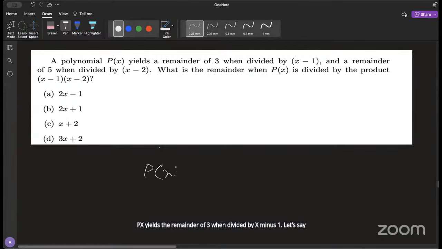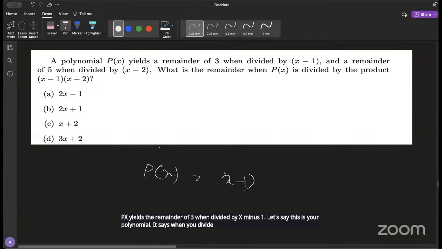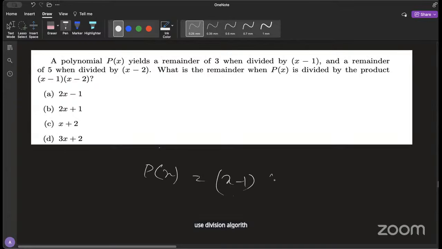Let's say this is your polynomial. When you divide it by x minus 1, use the division algorithm: (x minus 1) Q(x) plus remainder, right? Remainder will be a constant because this is a linear polynomial. That's why the remainder's degree should be less than this, right? So your remainder has to be a constant. And remainder is given to be 3. Let's call it R1.